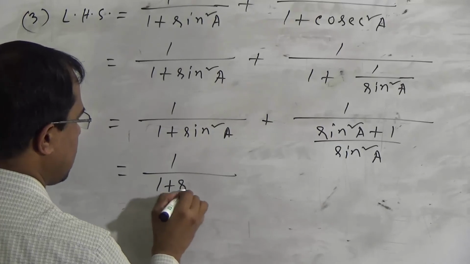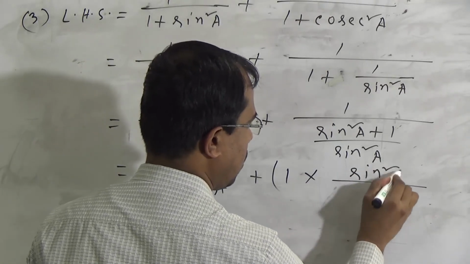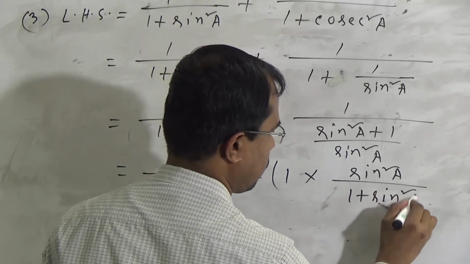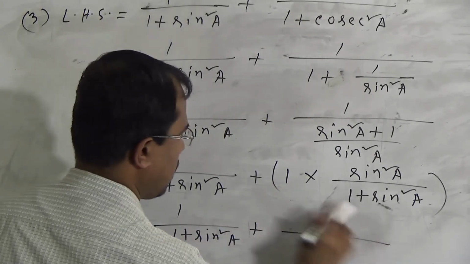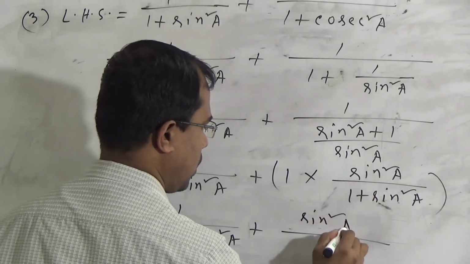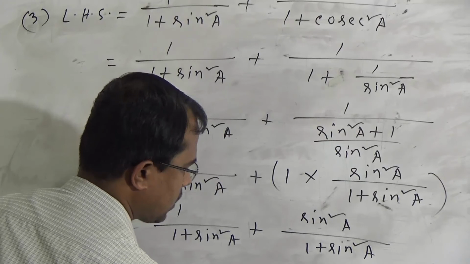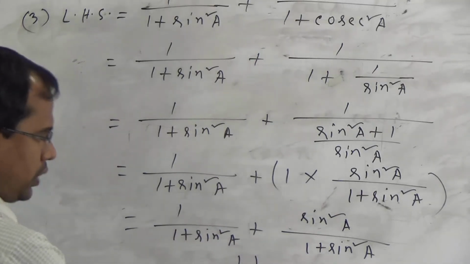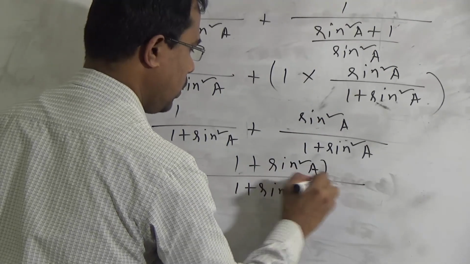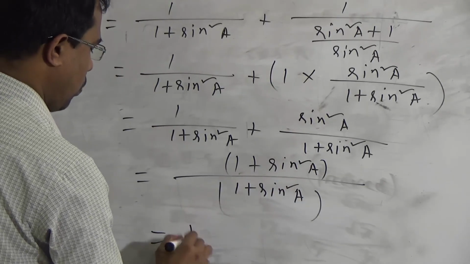This is equal to 1 by 1 plus sin square A plus, here we can write 1 multiplication sin square A by 1 plus sin square A. Now, 1 by 1 plus sin square A plus, if we multiply 1 with this term, then it will be sin square A by 1 plus sin square A. Here the LCM will be 1 plus sin square A. Now if we divide 1 plus sin square A by 1 plus sin square A, then it will be 1. 1 multiplication 1 is equal to 1, plus if we divide 1 plus sin square A by 1 plus sin square A, then it will be 1. 1 multiplication sin square A is equal to sin square A. 1 plus sin square A and 1 plus sin square A, numerator and denominator are both the same, so we can write here 1.